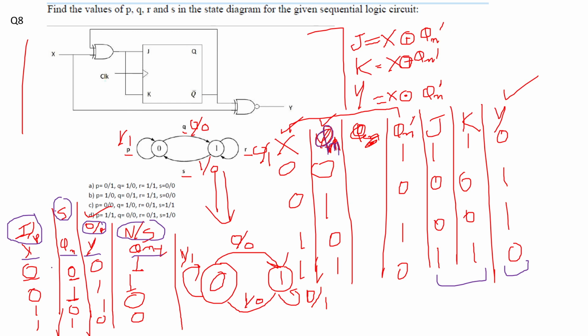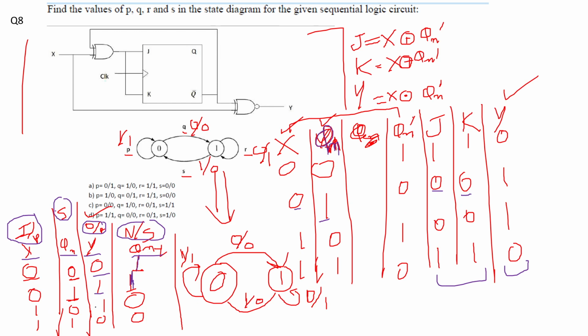When X equal to 0, Qn is equal to 0, my output is 0, and Qn plus 1 will depend on J and K, 1 1, and it will toggle, that means it will be 1. Then X equal to 0 and Qn equal to 1, my output will be 1, and my J and K are 0 0, the state will remain the same, so it will be 1.